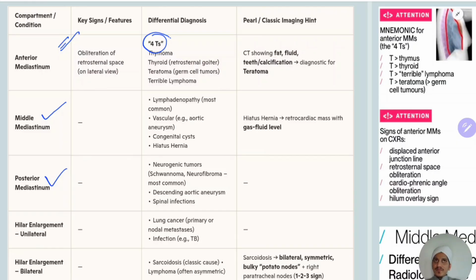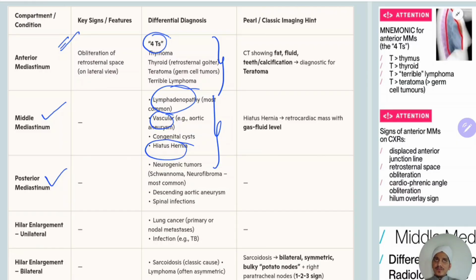In the middle mediastinum, the most common is lymphadenopathy, second is the aortic aneurysm, and third is hiatus hernia or congenital cysts. 4 things here and 4 here.